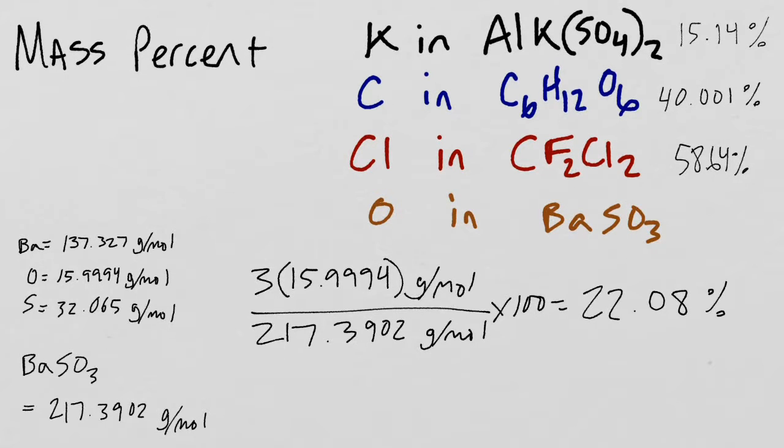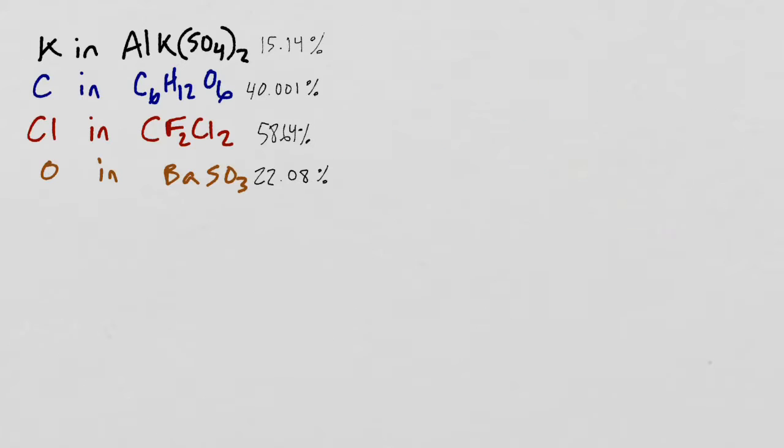Alright, so that is how you can calculate the percent mass of an element in a compound. Now we can use these as conversion factors, so let's take a quick look at that. If we were given the percent of potassium in aluminum potassium sulfate, we could make a conversion factor out of that number, 15.14.